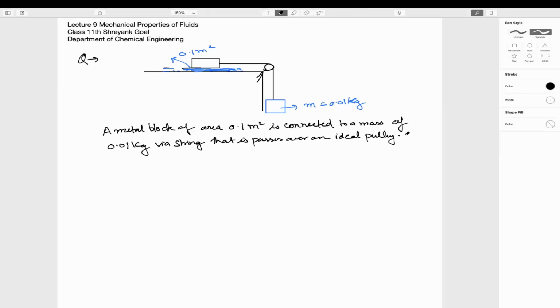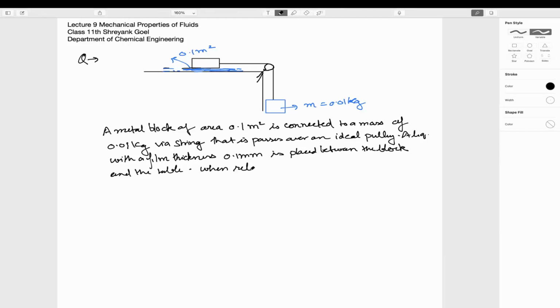A liquid with a film thickness of 0.1 mm is placed between the block and the table.